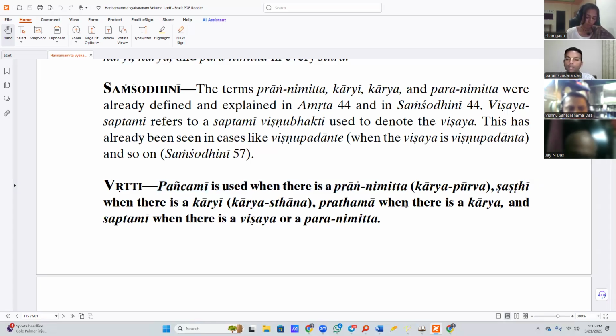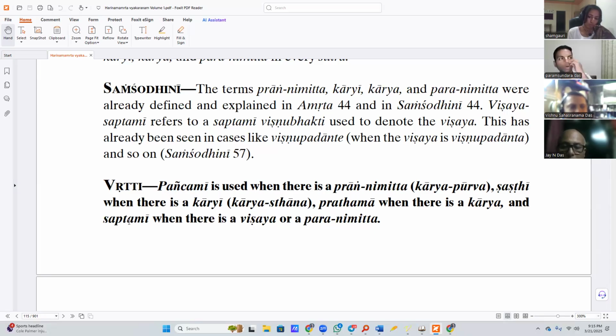Then the Karya itself, the operation, the Vidhi itself, takes Prathama. Dashavatarat Amshasoh Rama Harah: Harah is the Karya and it takes Prathama, 1.1, like Krishna. So Karya takes Prathama. And either the Paranimitta or the Vishaya will take Saptami, the 7th case.